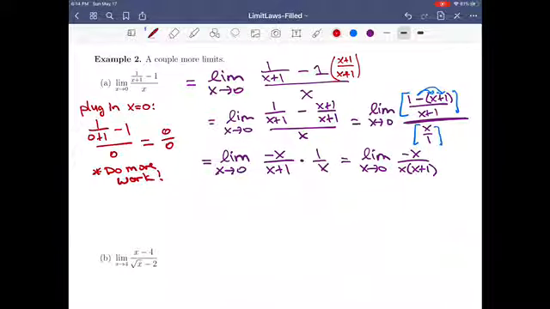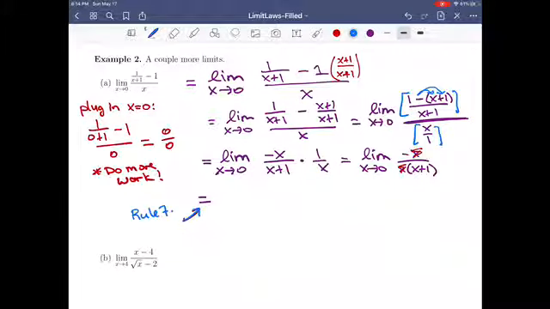Here's the first time I use a limit law. So I see that I have x over x, and they're multiplying the whole top and the whole bottom. So this equals, right here. Okay, what I'm using is rule 7.